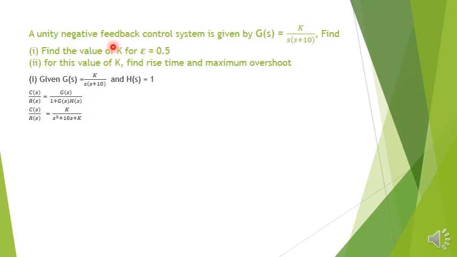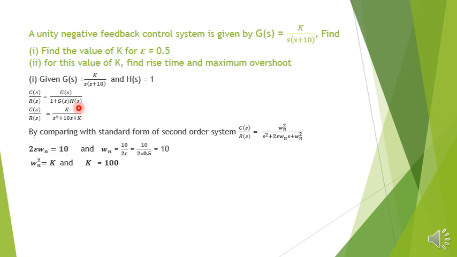Now we need to find the value of K for the given zeta. First we compare this with the standard second order transfer function, C of S by R of S equal to omega n square divided by S square plus 2 zeta omega n S plus omega n square.